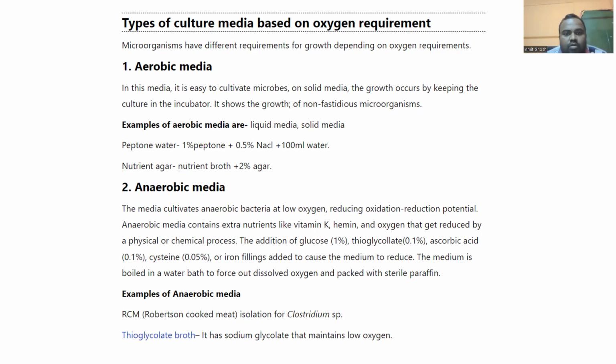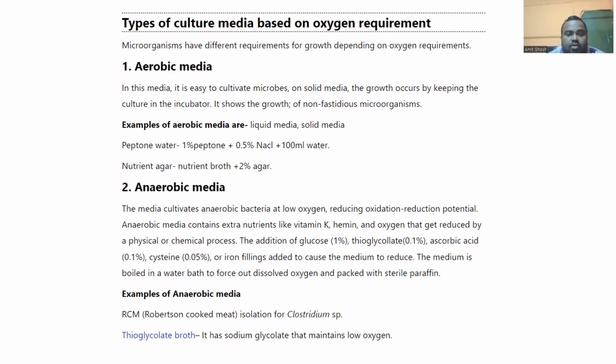It shows the growth of non-fastidious microorganisms, not the fastidious ones.